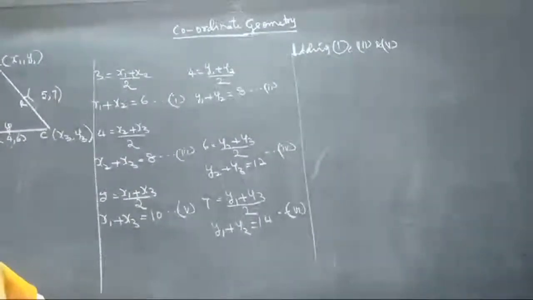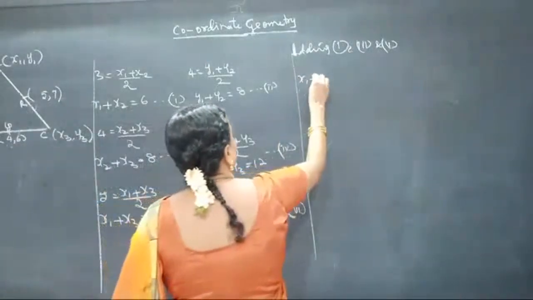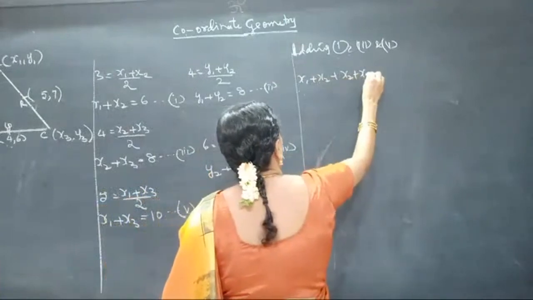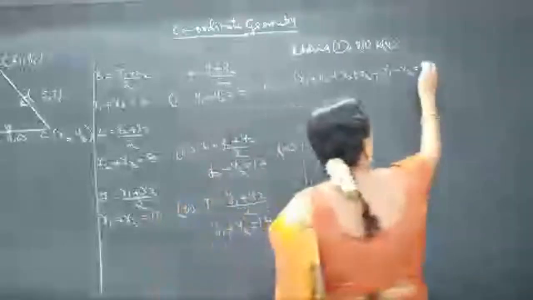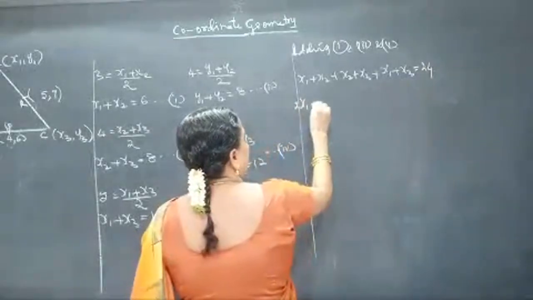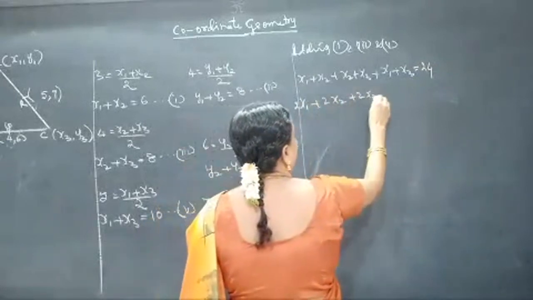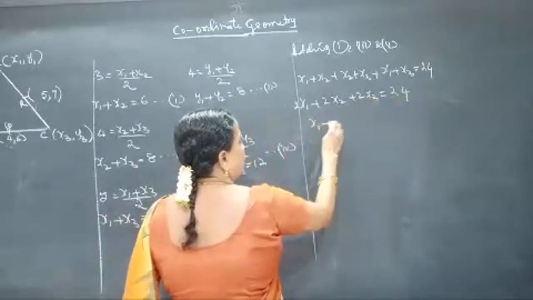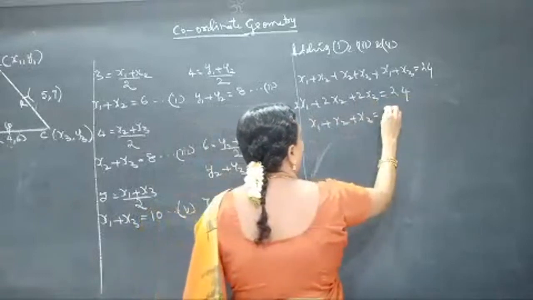What will we get? x1 plus x2, x2 plus x3, x1 plus x3 equals 6 plus 8 plus 10, which is 24. So we have 2x1 plus 2x2 plus 2x3 equals 24. x1 plus x2 plus x3 equals 12.